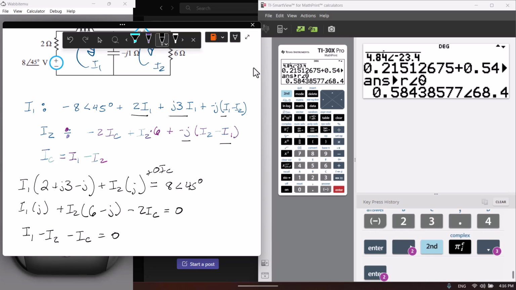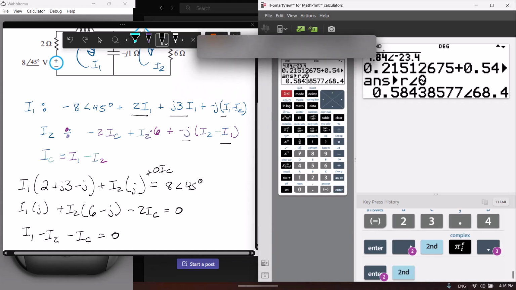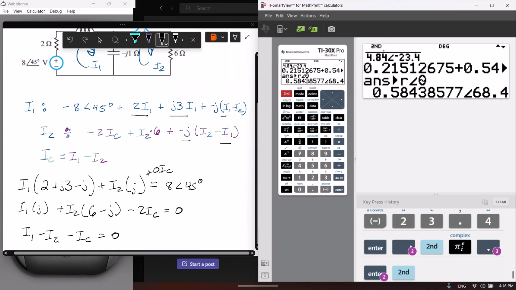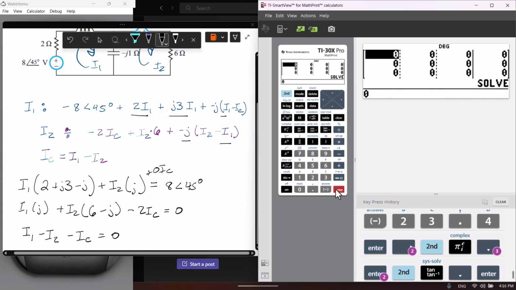Okay, so now I will go to second. One way an 84 is better is that if you ever had to solve a system of more than 3 variables, you can do that on an 84. This will only do up to 3 variables. So second, system solve 3 by 3.